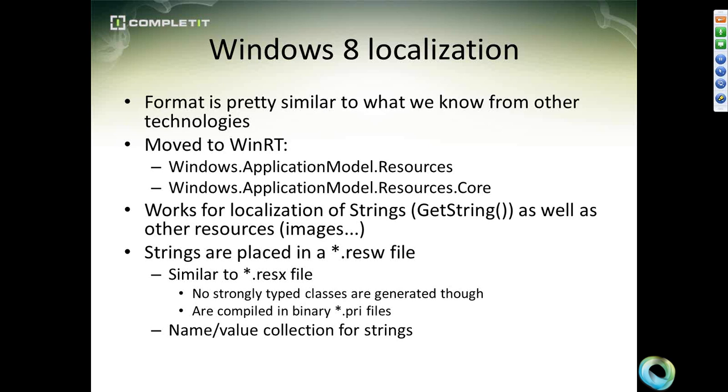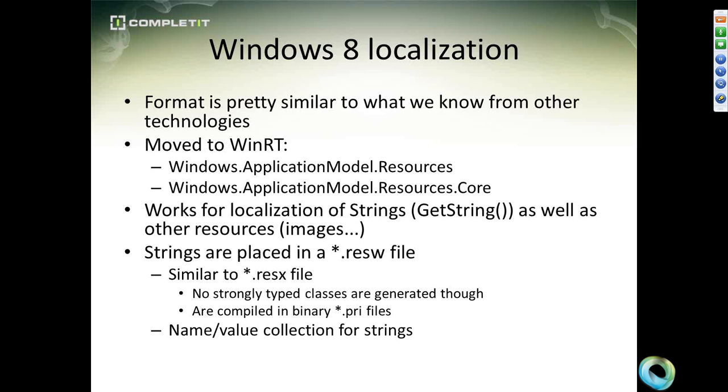Now, localizing Windows 8 applications is very similar to the format that we already had in .NET. It's not something completely new that they have thought out, at least from the bird's eye perspective, or the helicopter view. It's more or less the same. It is part of WinRT, so it is not part of the .NET profile for Windows 8.